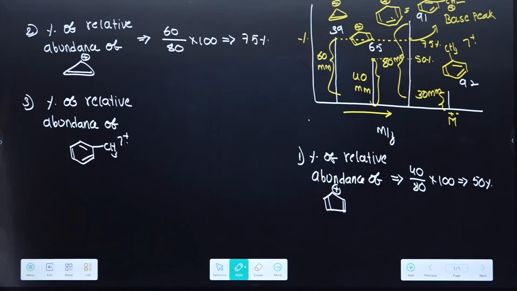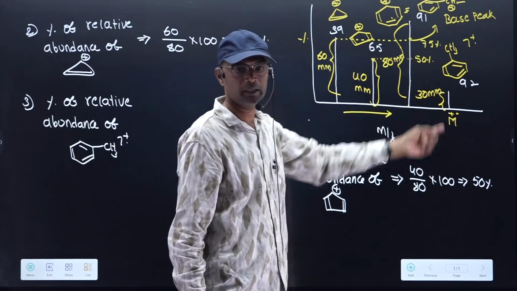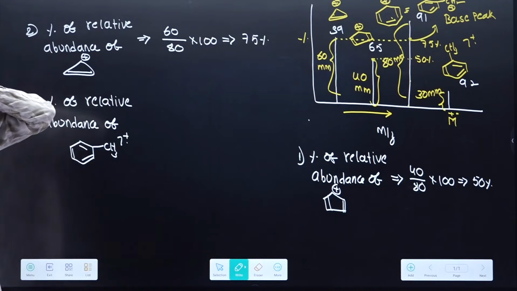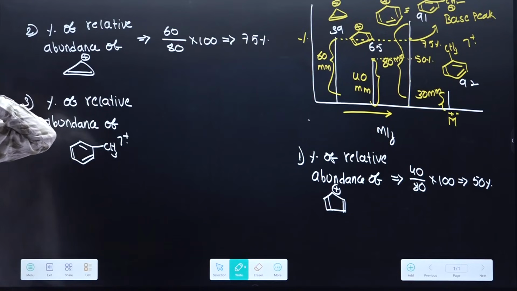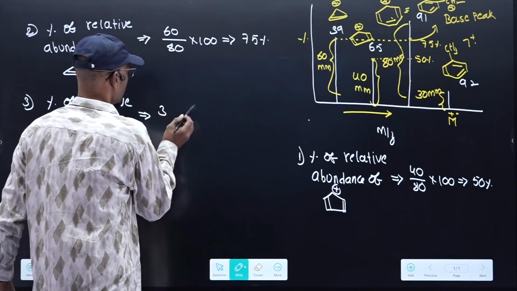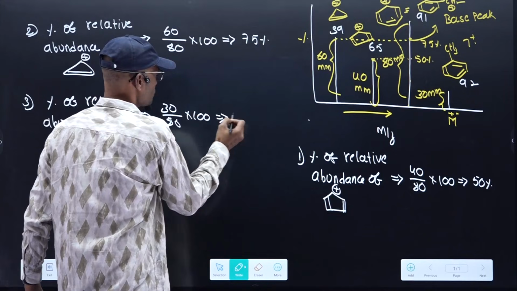Calculate and say the answer. 30 by 80 into 100, or not? The height of this 92 is 30. 30 by 80 into 100. How much? You will not get 40, around 40 you will get. So 30 by 80 into 100 is around 37.5.